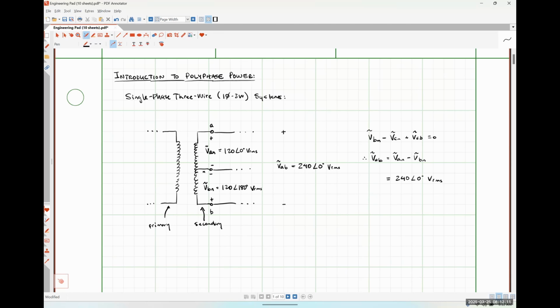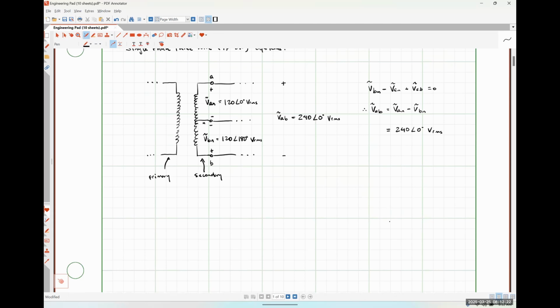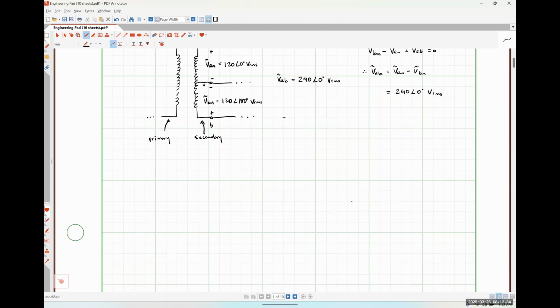So this is our single phase 3-wire system, how it's connected from transformer level. Let's look at it from a more simplistic representation. Treating the secondary terminals of our transformer as a voltage source, because that's effectively what they are to us as the end user, we might have a system that looks something like this.